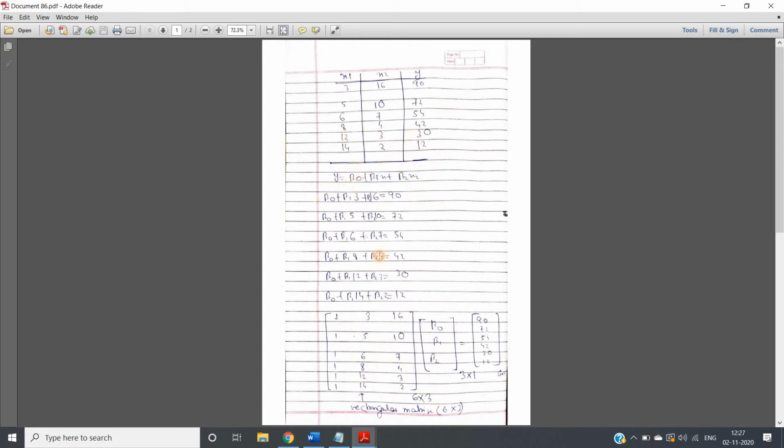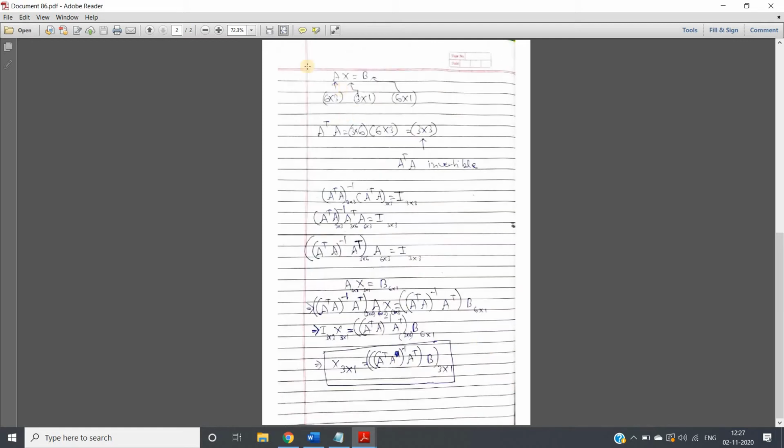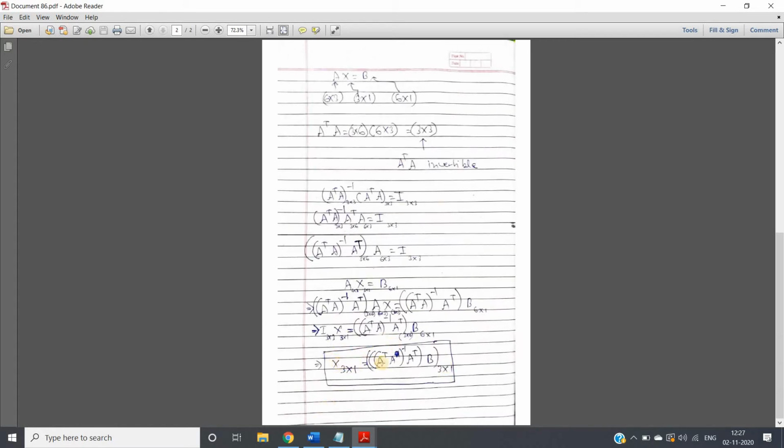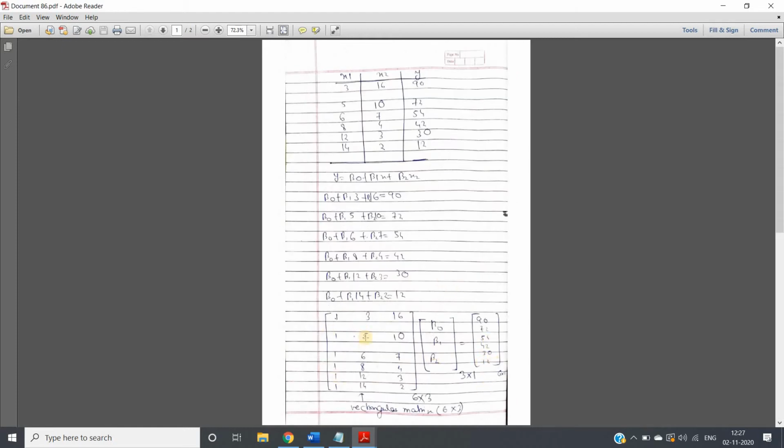By putting all these values, we got several equations, and based on that we created this matrix form, where this matrix we termed as A, this one as X, and this one as our output B. Then we derived, considering Ax equal to B, how to find X, because our ultimate aim is finding the coefficients beta naught, beta 1 and beta 2. We came up with the equation X equal to A transpose A whole inverse multiplied by A transpose multiplied by B, where B is my output feature and A is my input features, written column wise with the first column as all ones.